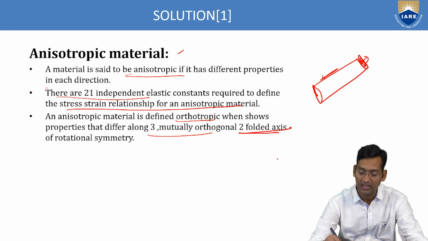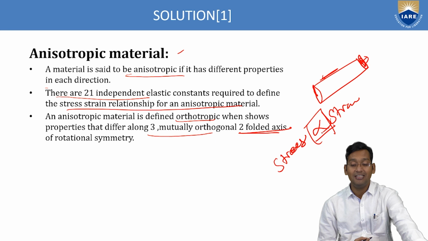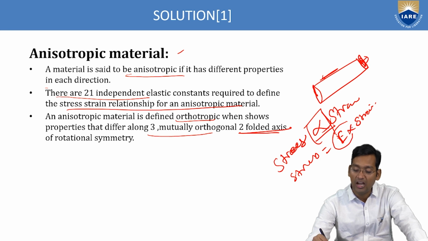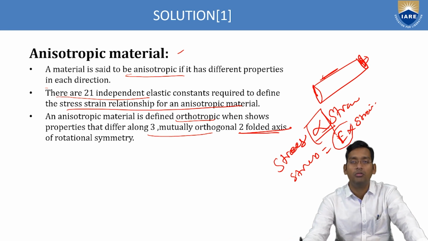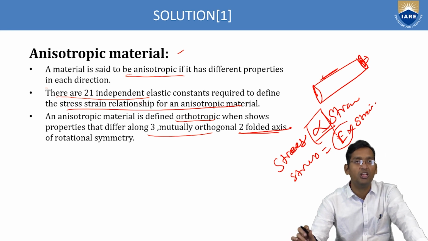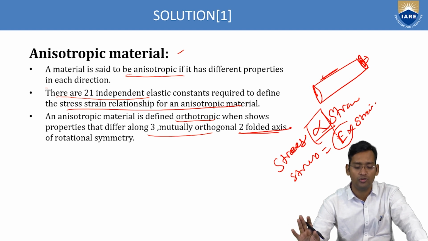Just like stress is directly proportional to strain, stress equals E into strain. Now how this proportionality constant will affect it is what is defined here. So in the case of an anisotropic material, a total of 21 independent elastic constants should be there.